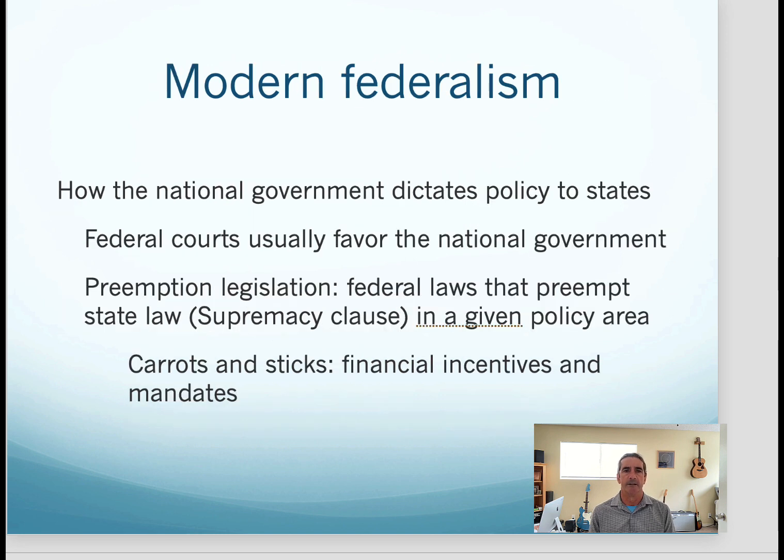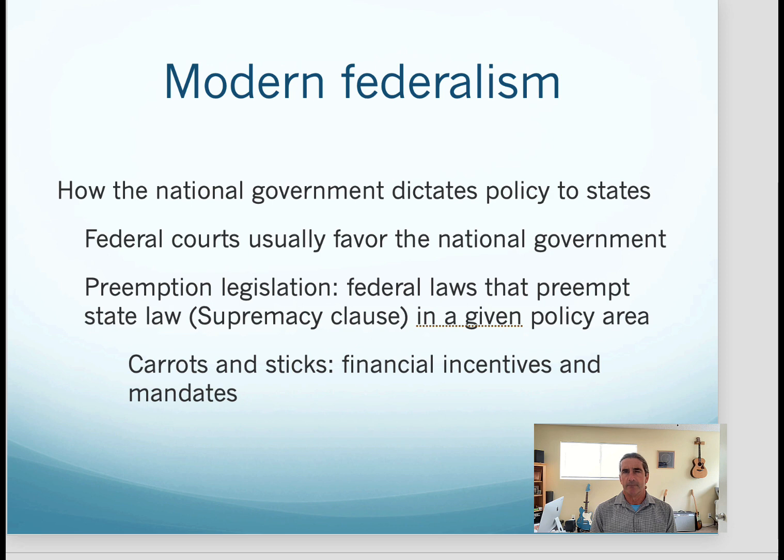A bit about how in the modern world, the national government dictates policies to the states. First, the federal courts usually side with the federal government when there's a question before them about a state claiming that the federal government is overreaching in its authority. Not always.